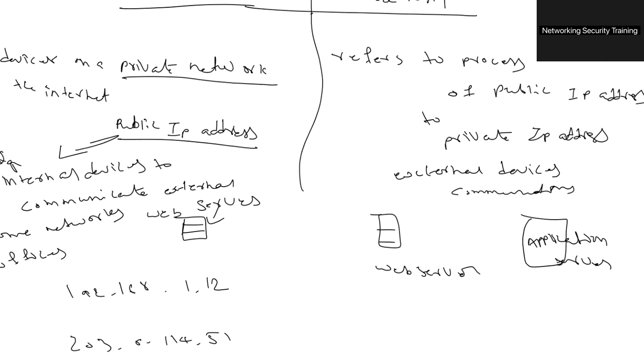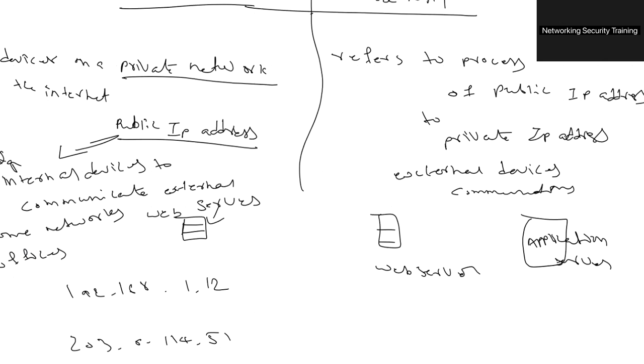Outside network address translation works based on the rules of the NAT configuration.